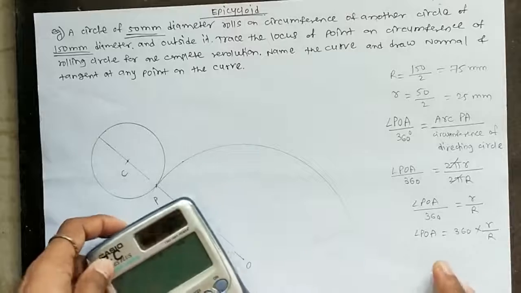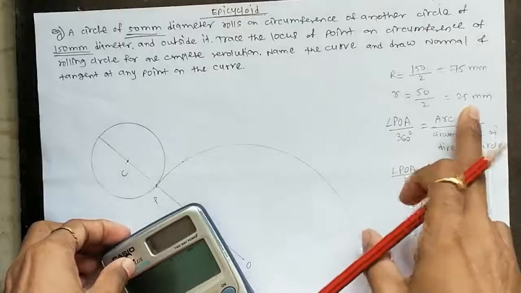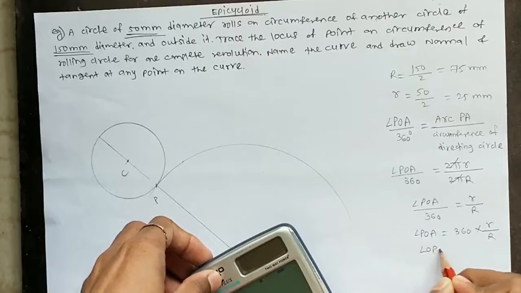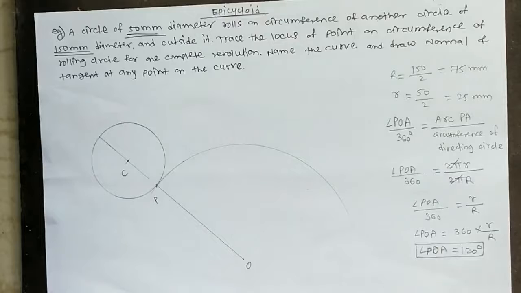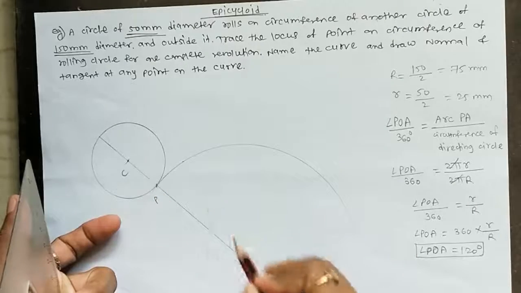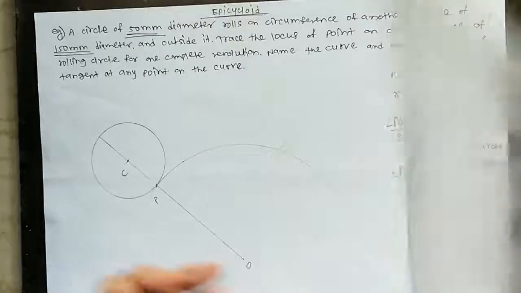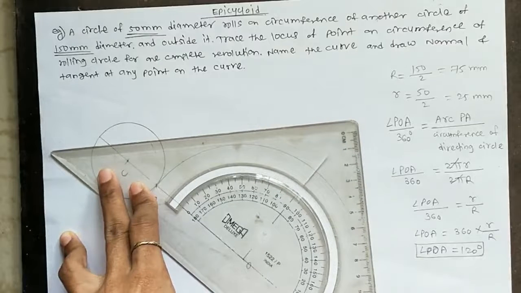So if we take the value of r as 25 and capital R as 75, angle POA is obtained as 120 degree. You can solve this on calculator. So angle POA is 120 degree. So we have to take point A at 120 degree angle. Measure 120 degree in your protractor.